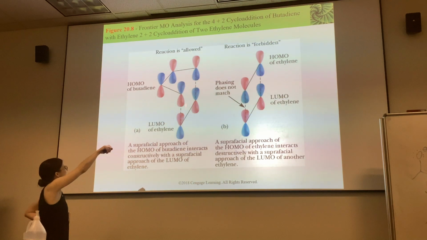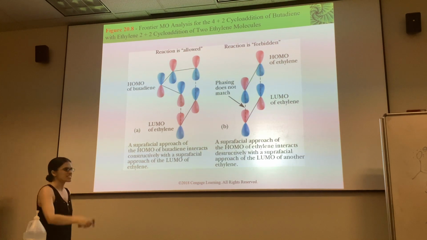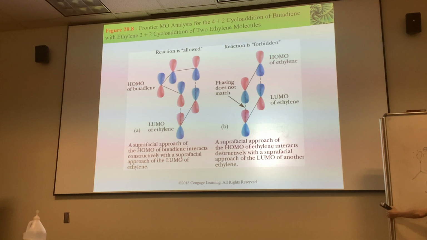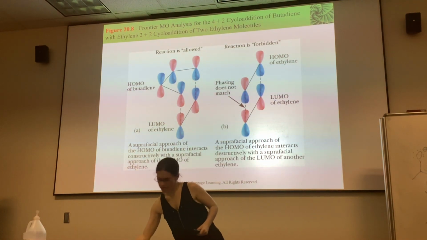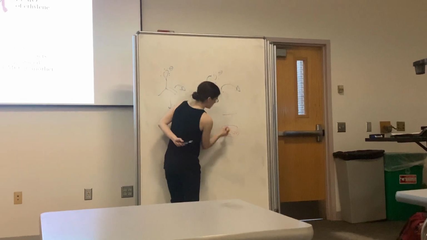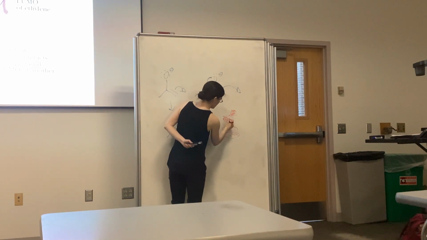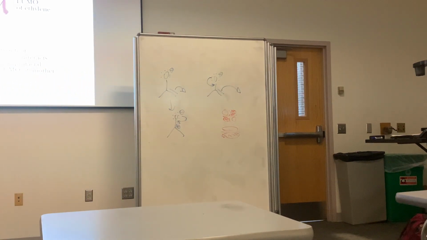Ethylene just has two electrons, so we've got one where it's bonding on top and bottom, and then we've got one with a node, like this. Ethylene.